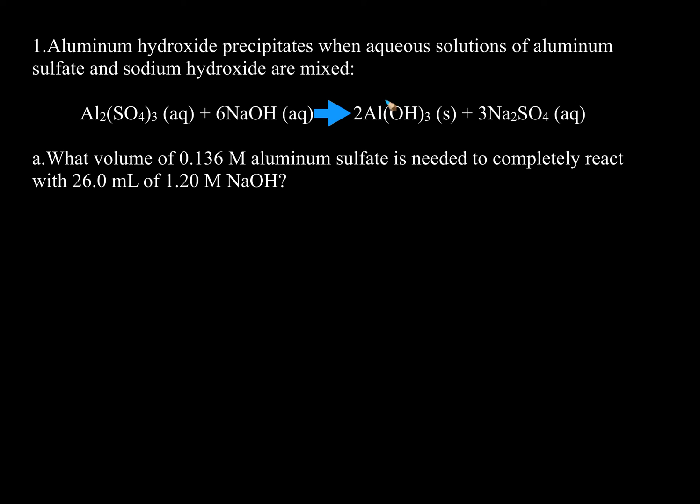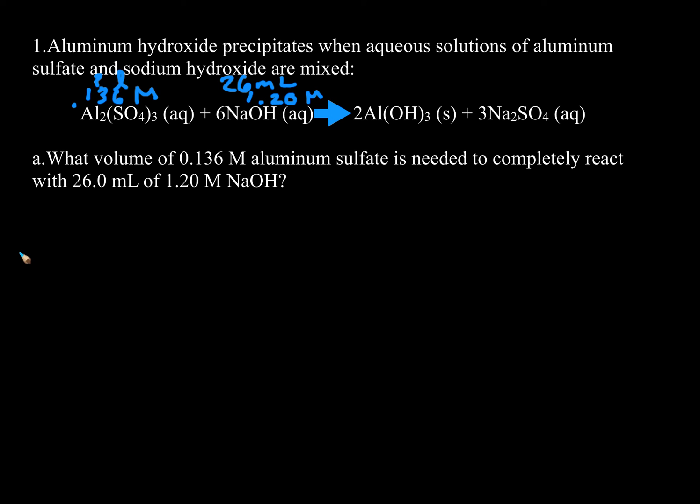So it says what volume, we're going to be in liters, of 0.136 molar aluminum sulfate is needed to completely react with 26 milliliters of a 1.20 molar NaOH solution.